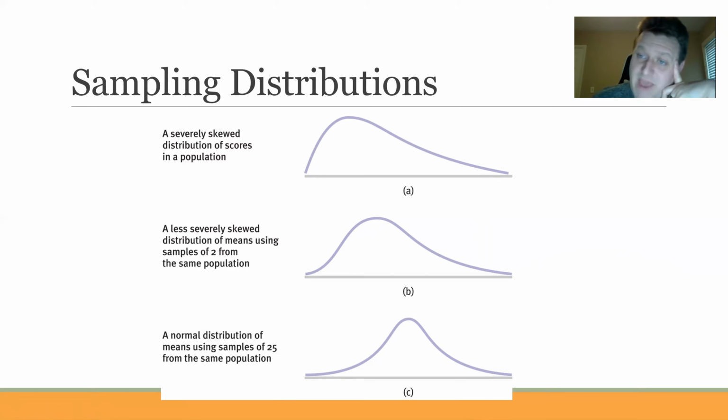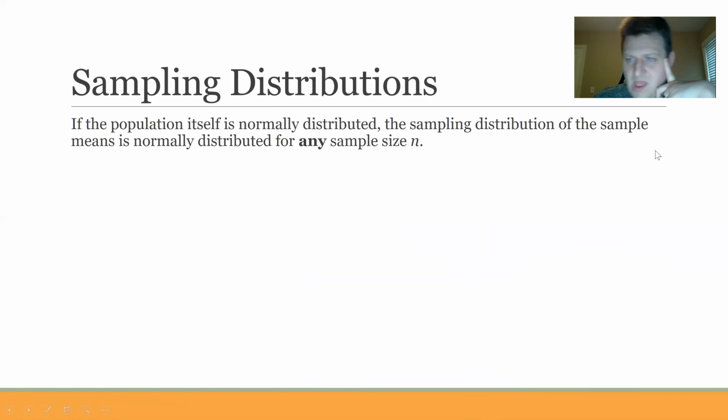We can use it as a basis for our inferential statistics later on. So part 1 of the central limit theorem is that if we have 30 or more subjects, our sampling distribution is going to be normally distributed.